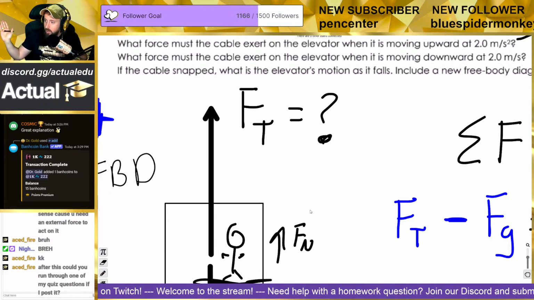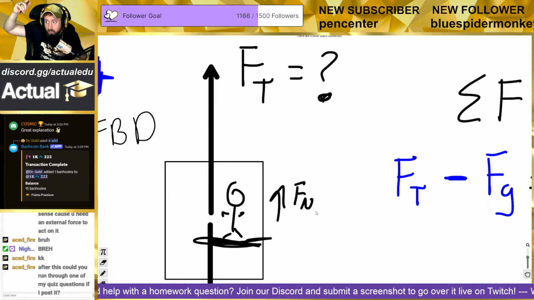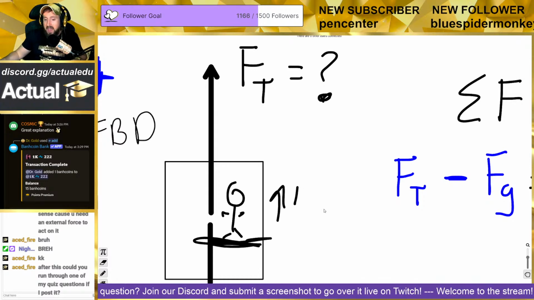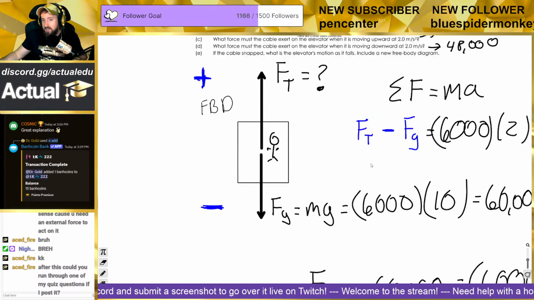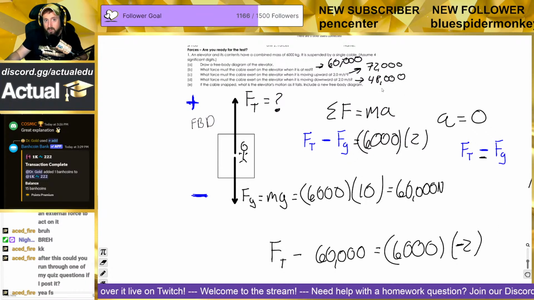I don't know how many elevators you guys have ridden in, but if you ride an elevator, you'll probably notice you feel heavier or lighter at certain points while it's going up and down, especially if it's a really crazy elevator, like one of those massive 80-story ones. That has to do with this, which is that based on the acceleration of the elevator, the force here, the tension, is changing. So it goes from being high to low.